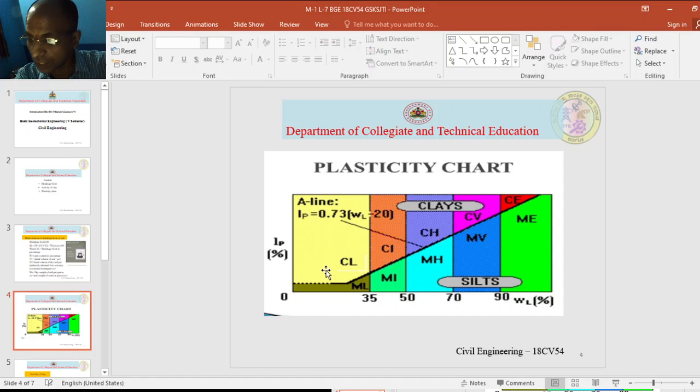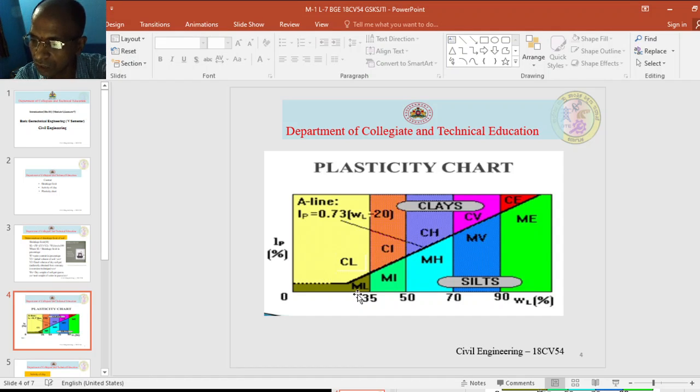So the classification of the soil is: if your liquid limit is below 35 and the plasticity index, that is liquid limit minus plastic limit, is above the A line, then you classify this soil as clay of lower compressibility. If your liquid limit is below 35 but your plasticity index falls below the A line, then you call it organic soil or silt of lower compressibility.